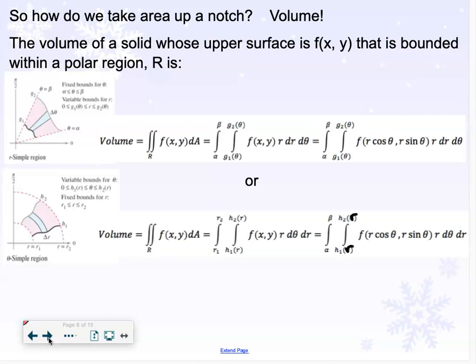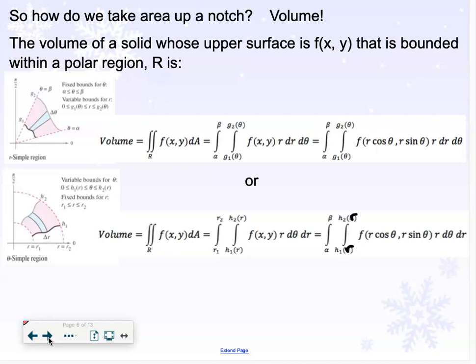Kind of like what we're doing in that warm-up, the one that I just walked you through. So whatever your region is, some function where r equals something in terms of theta that bounds your polar region, which is the vast majority of the way that we write polar regions, and then you have a starting value of theta and an ending value of theta. That's when you use the top one.